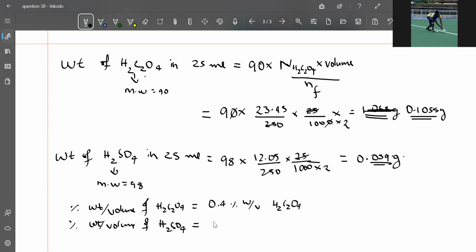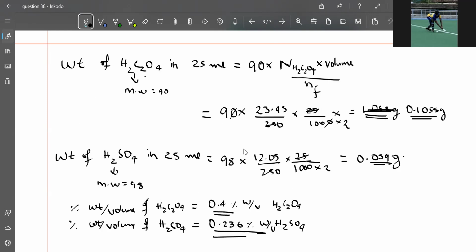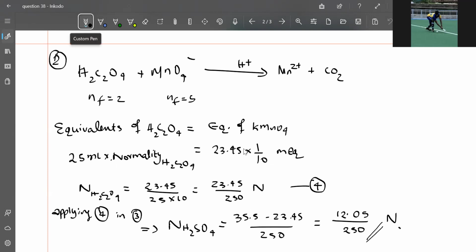So you'll get 0.236 percentage weight by volume of H2SO4. So we found both the percentage weight by volume and the normality. I didn't finish the normality calculation. You can finish it and write the value. Anyway, there won't be any subjective question in JEE, so you can look into the options and figure out where you should round your answers to. Okay.